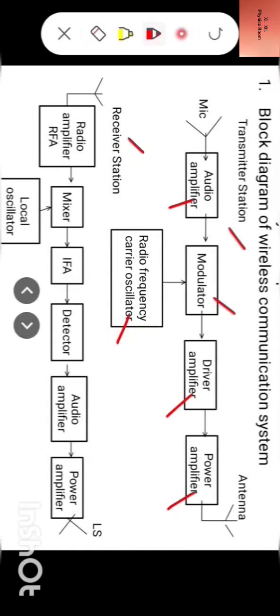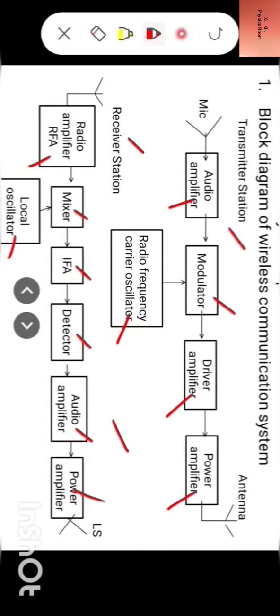Now look at the block diagram of receiving station. This also has amplifiers, that is RFA, which is radio frequency amplifier, IFA, intermediate frequency amplifier, audio amplifier, and power amplifier. In addition to amplifier, it has an oscillator, a mixer, and a detector.